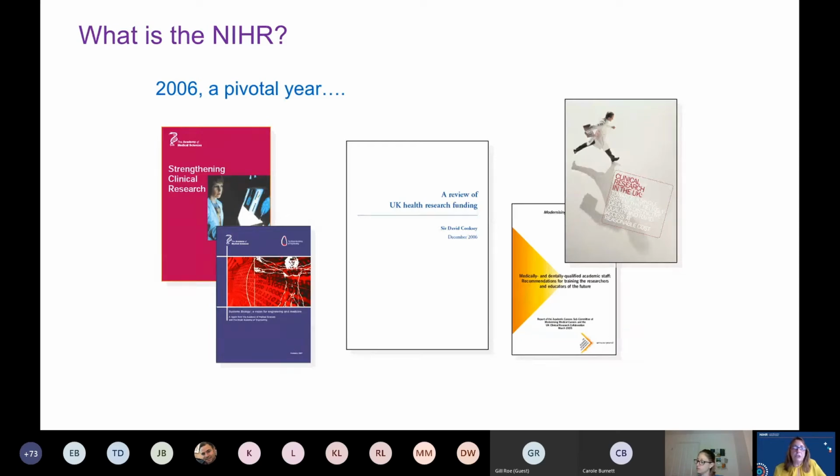And up until 2006, every hospital, every trust within England was supposed to spend 1% of their budget on research. And it didn't matter whether it was a large hospital like LTHT, or a smaller hospital. And when they reviewed what their money was spent on, it was spent on lots of things, but not strategic research.